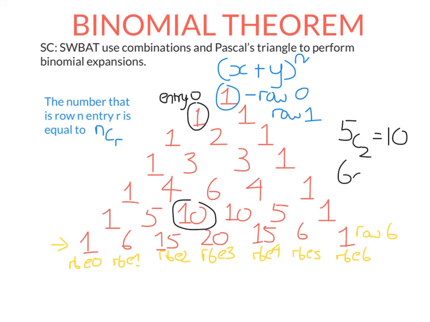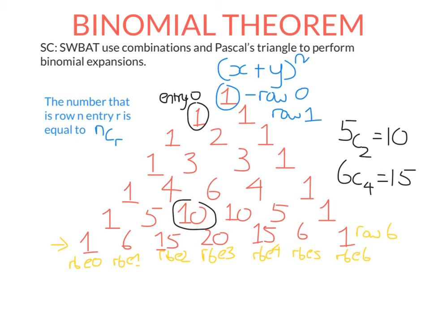Similarly, 6C4 on your calculator gives the same number as row 6, entry 0, 1, 2, 3, 4. It's equal to 15. So Pascal's triangle gives you a quick way to find what nCr is.